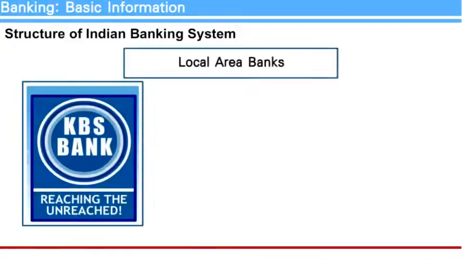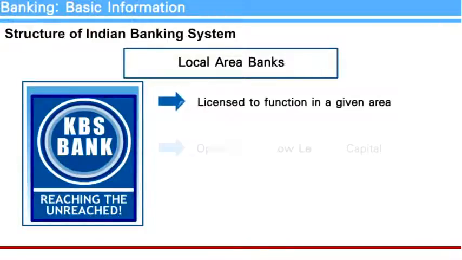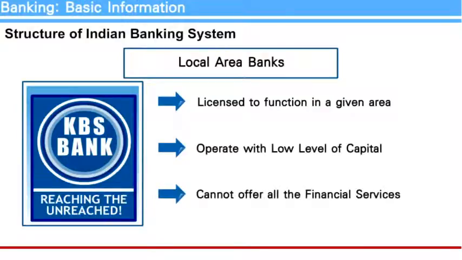Local area banks are the banks that are licensed to function in a given area. They operate with less capital and cannot offer all the financial services that a commercial bank offers. As of now, there are only 4 local area banks operating in the country.